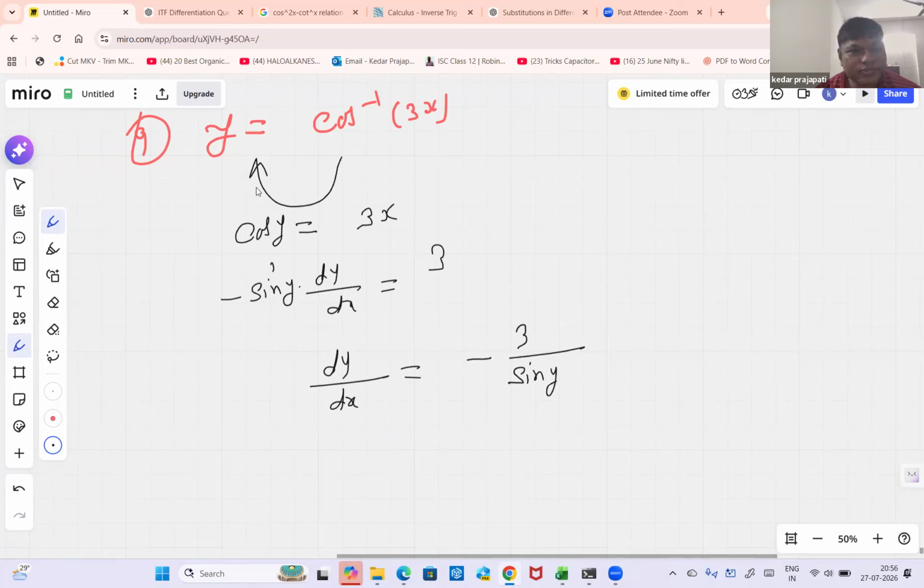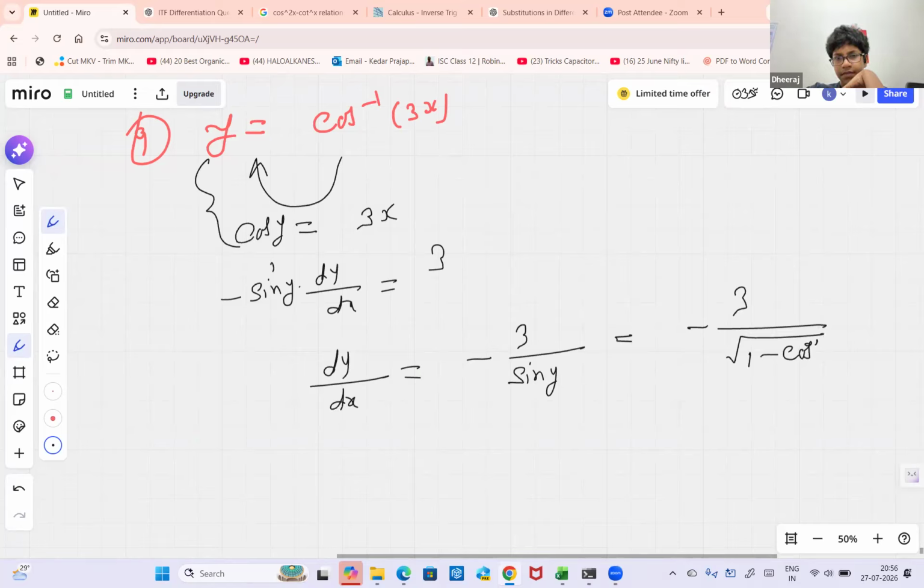Okay? Just check what they have given. There is no sine here. So you can just change sin into cos. Cos is given here. This will be root of 1 minus cos square y, and cos y is 3x.